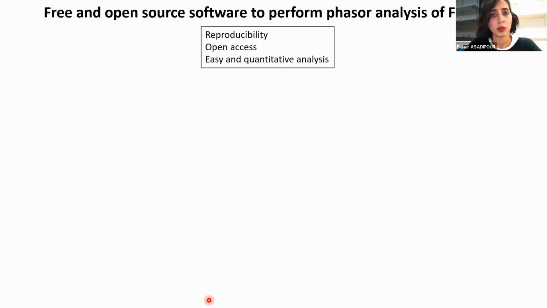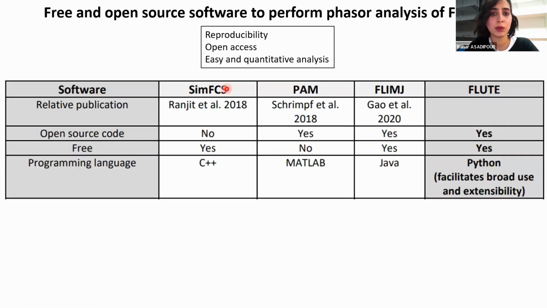To have reproducibility in our analysis, and to have open access and easy, quantitative analysis, it's important to have different software tools, and there has been an effort in the entire community. For example, the software tool that is used the most is SimFCS, written in C++.